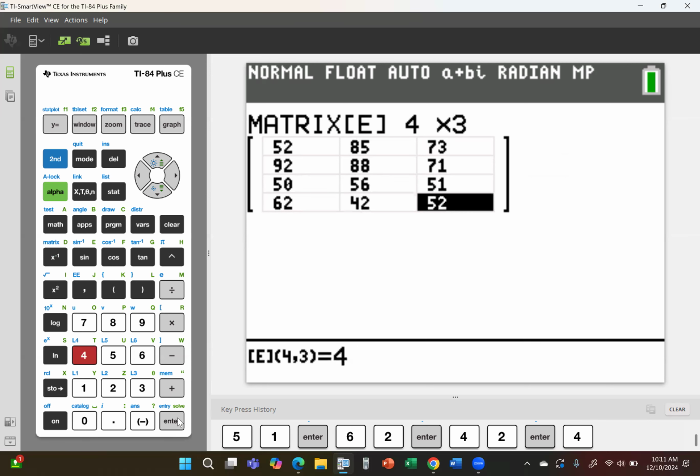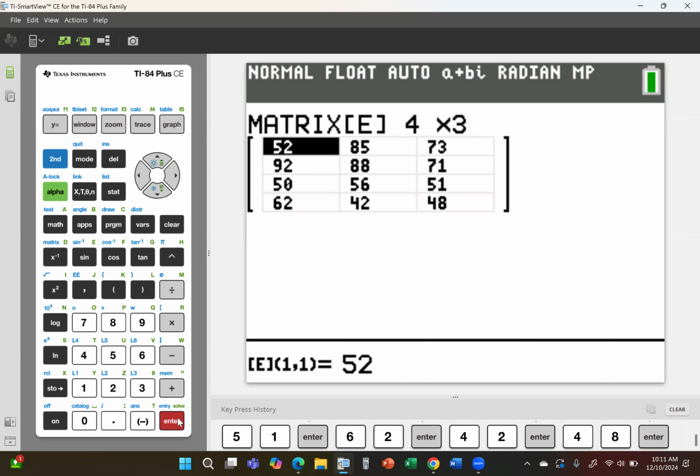Now I'm going to do a quick check by columns. 52, 92, 50, 62, okay. 85, 88, 56, 42, 73, 71, 51, 48. So my observed matrix contingency table is in.